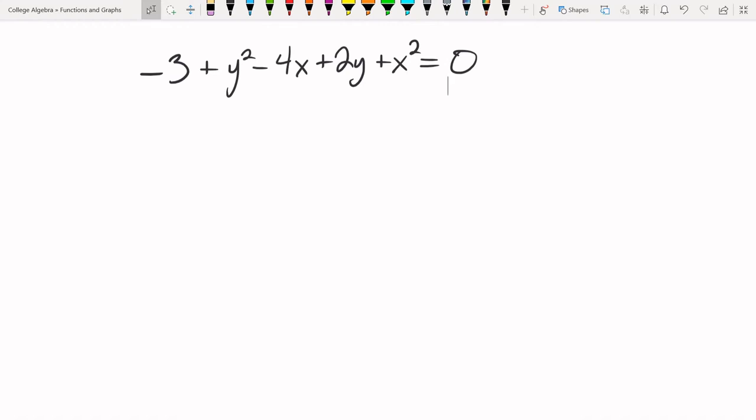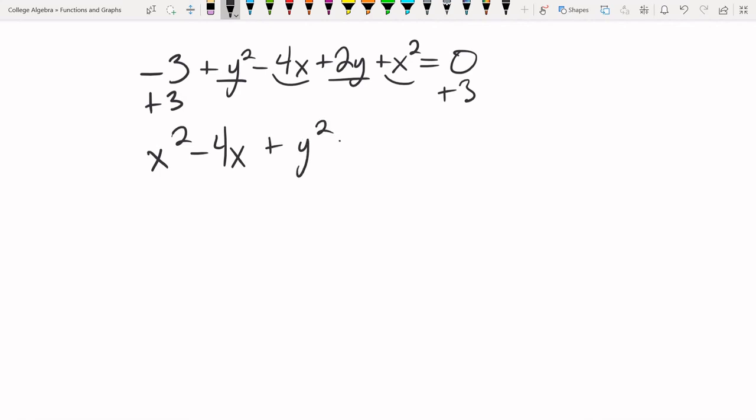The first thing I'm going to do is rearrange this whole thing so that we have the x squared first, then the x, the y squared, then the y, and I'm going to add 3 to the other side of the equation. So I can rearrange this and it'll look like this. X squared minus 4x plus y squared plus 2y, and this equals 3.